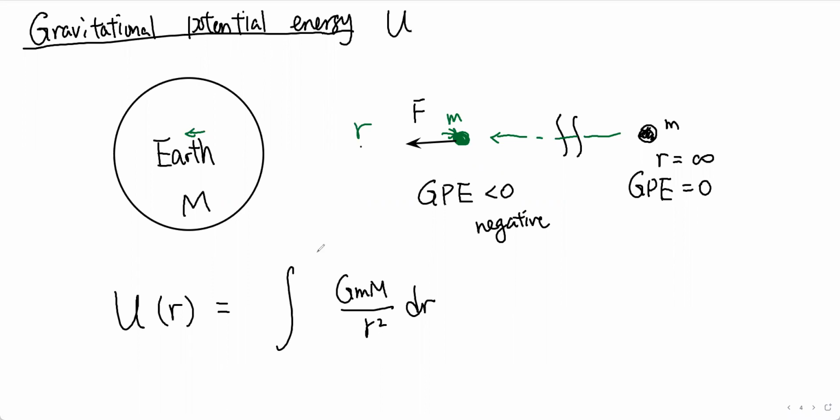The symbol for GPE. Now this bracket R means at the point R. That's the way we write the function, or you can write it in another way, as you like. So it's moving from infinity to R.